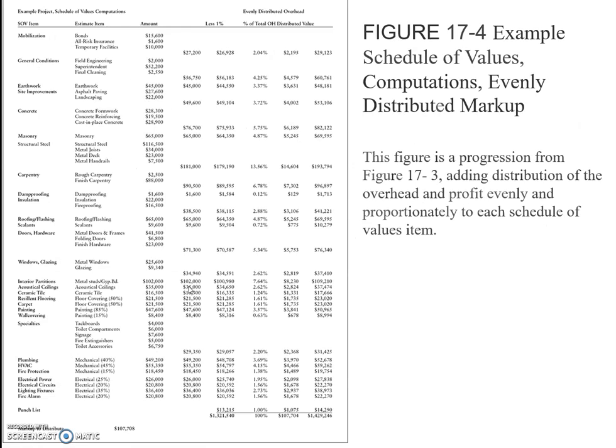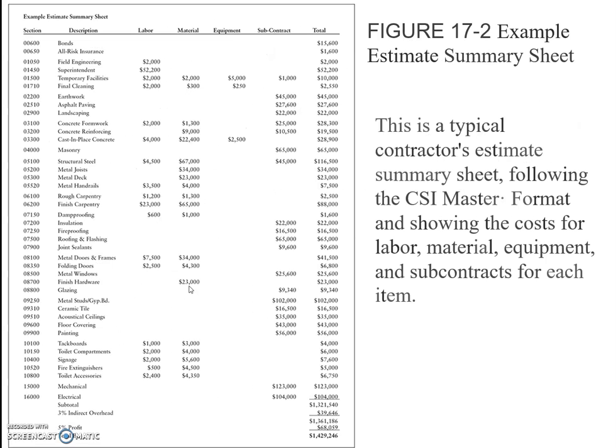If we go to the estimate, 17-2, it includes the floor covering, which is somewhere here. This floor covering includes both the carpet and resilient flooring mentioned in the schedule of values.